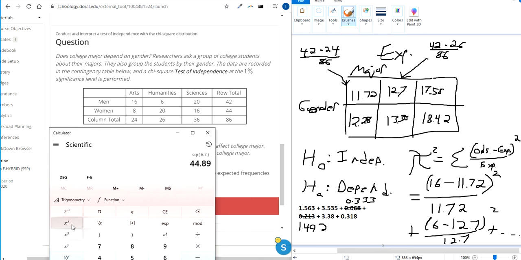For women in the humanities, observed 20, expected 13.3. Square the difference, then divide by the expected. That one's right. And then for women in the sciences, observed 16, expected 18.42. Square the difference, then divide by the expected. That one's right too.